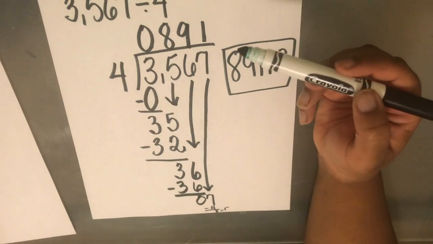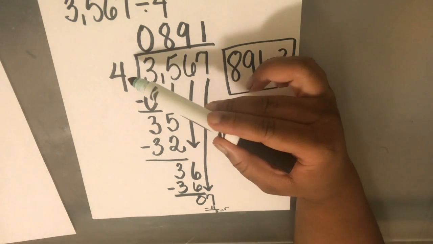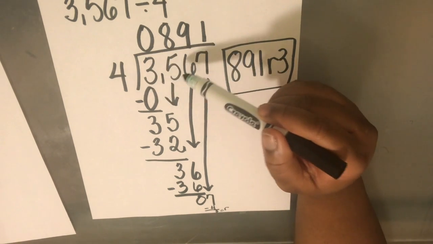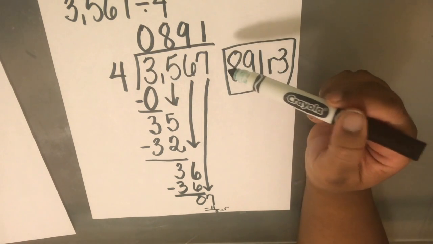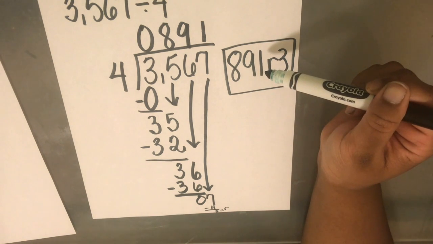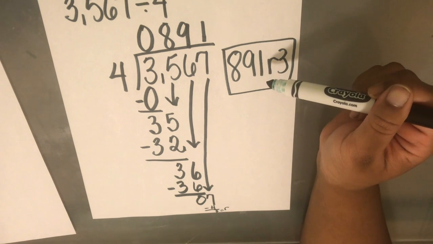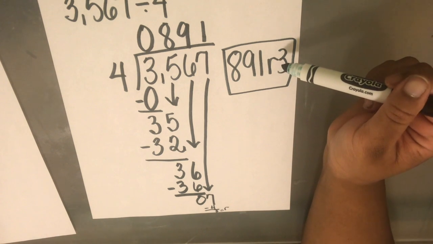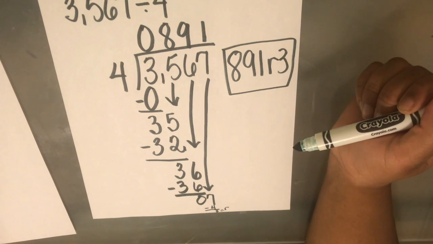And so what that means is that 4 goes into 3,567 891 times with the remainder of 3.